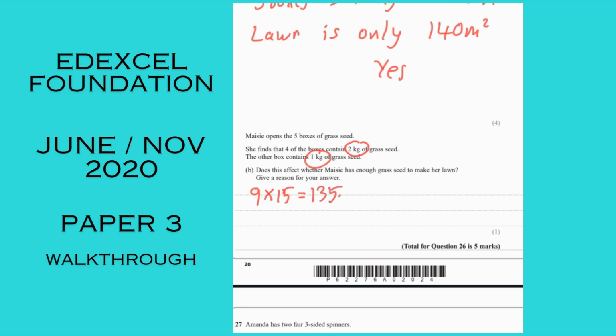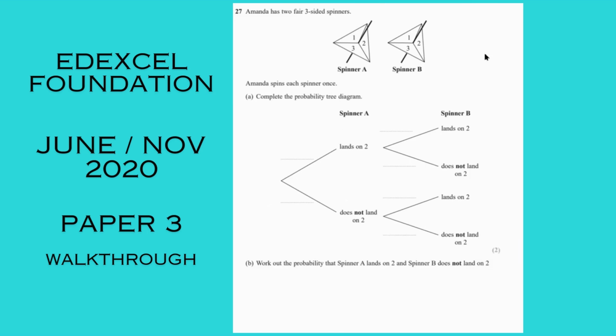So problem, she can now only cover 135 meters squared. Does this affect? Get the yes in. All right, if you want to go any further and say she's now 5 meters squared short or any words to that effect, feel free, but I'll leave it at that.